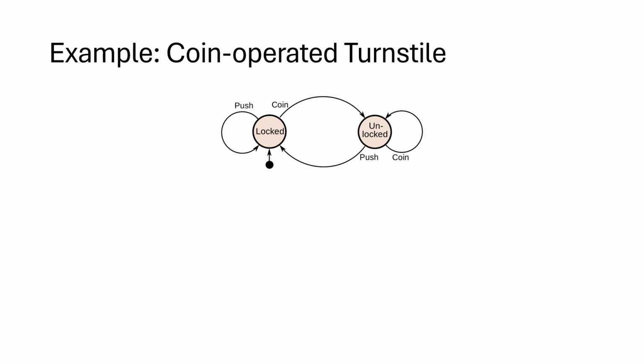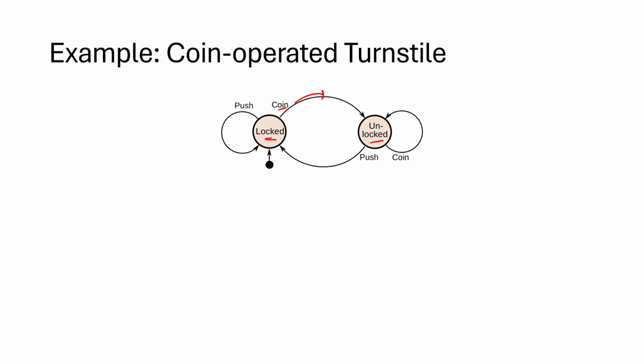Now, through this diagram, you see that if the turnstile is locked and you insert a coin or you scan your card, then the machine transitions from the state of being locked, through this arrow, to the state of unlocked.